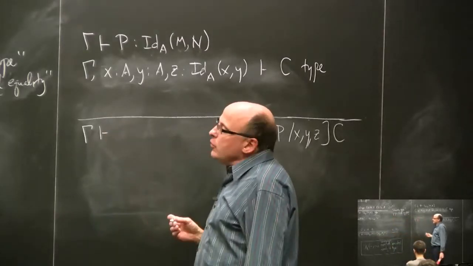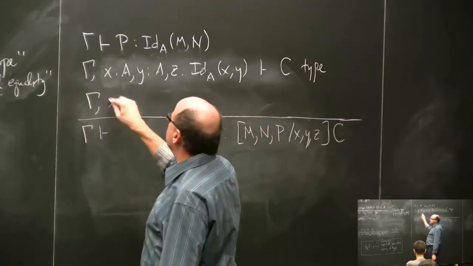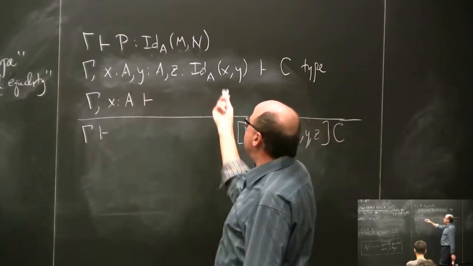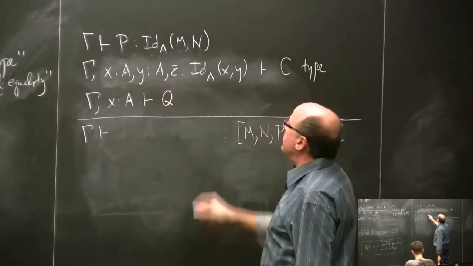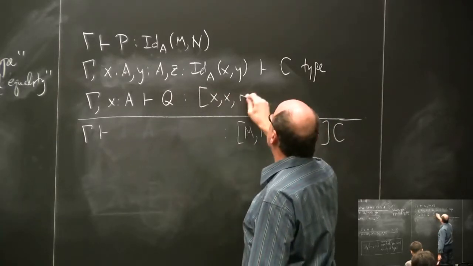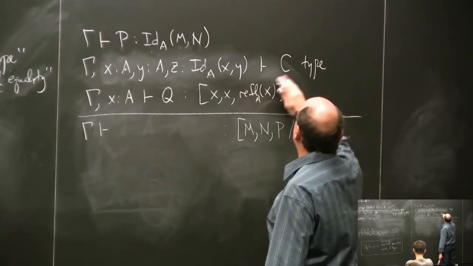That's the definition of the type. So it's enough to show that regardless of which element of A I'm talking about, I have a proof, let me call it Q, that C holds for X, X, and REFL of X.